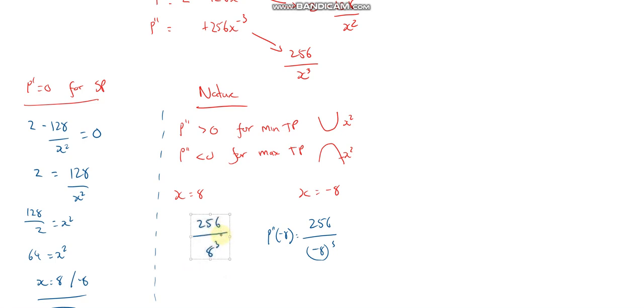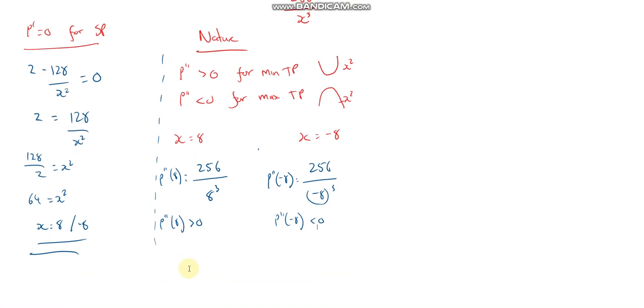P double dashed positive 8. Okay, so p double dashed positive 8 is going to definitely be greater than 0, and p double dashed negative 8, that's going to come out as a negative because the bottom will be negative. So I'm looking for a minimum turning point, that's going to be when x is 8. P is equal to 8 for minimum turning point.